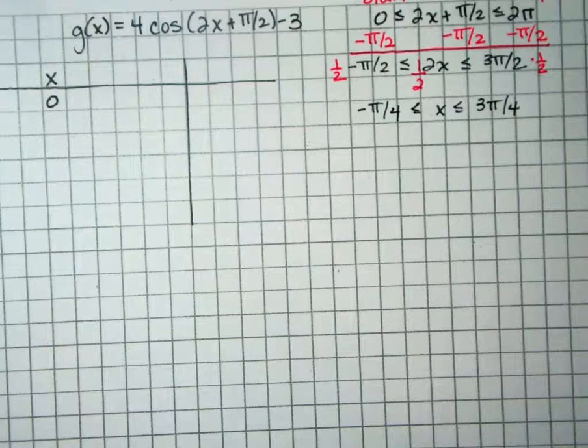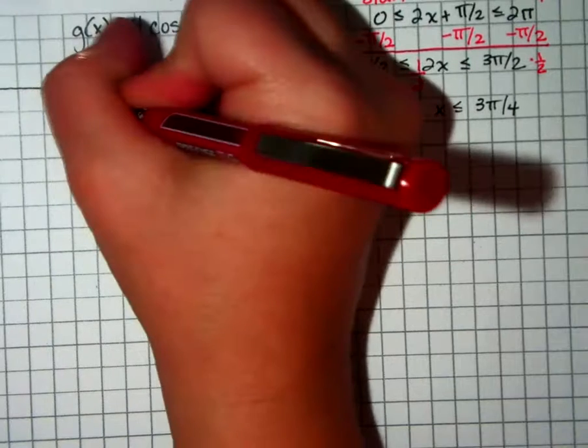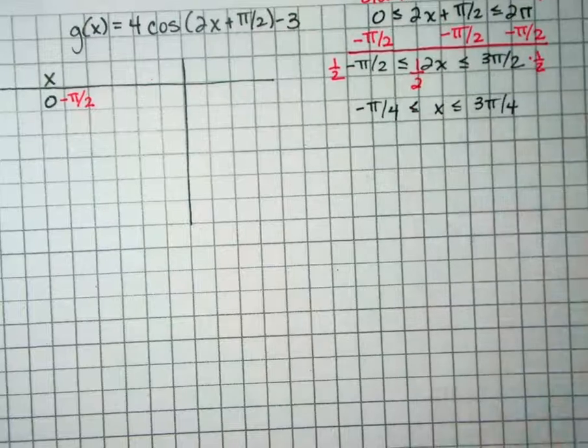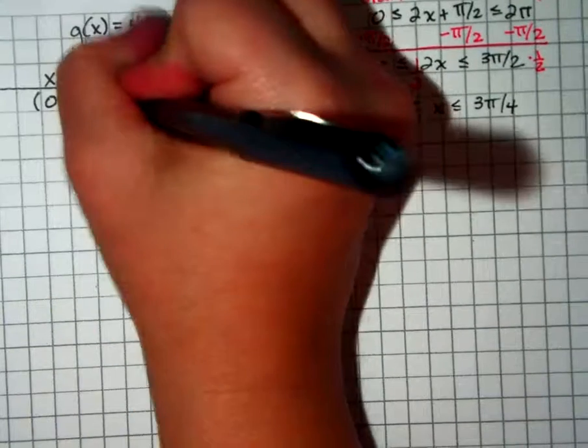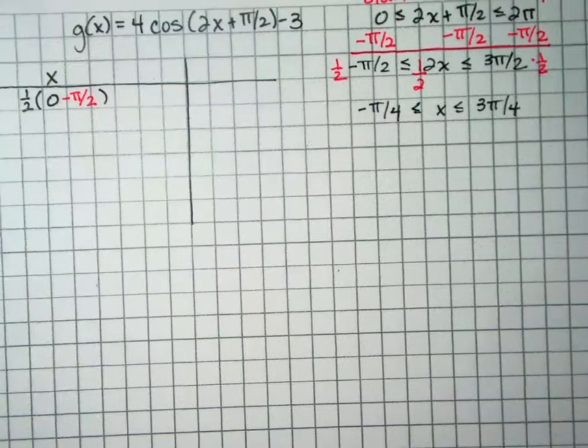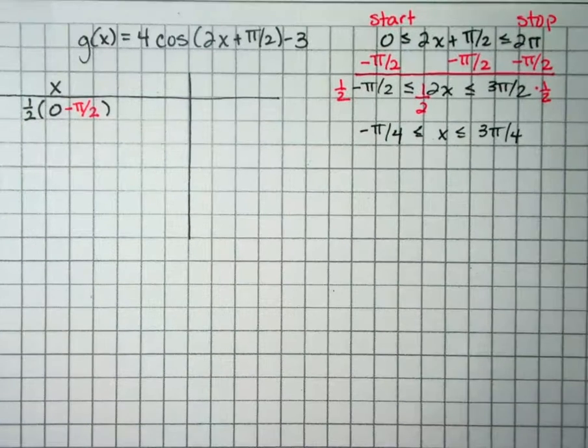The first thing I did was subtract off the pi over 2, and after that, I multiplied by a half. That's what I'm going to do to all of my coordinates.